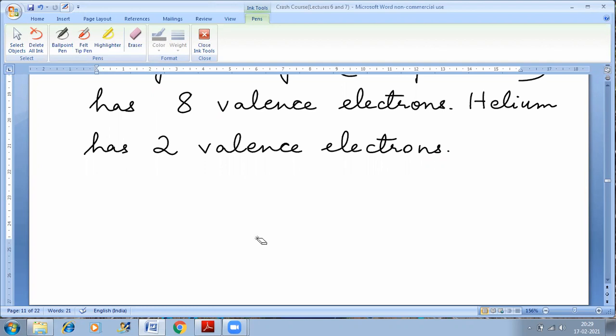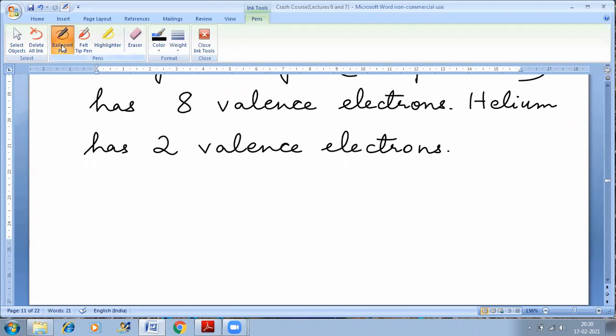No, but what is the connection with size? If you're talking about the trend in size, then if I go down group 18, from helium till radon, the size is increasing only, right? Helium is the smallest one in size. So what is the connection of size with the formation of bonds? Size has nothing to do with formation of bonds.